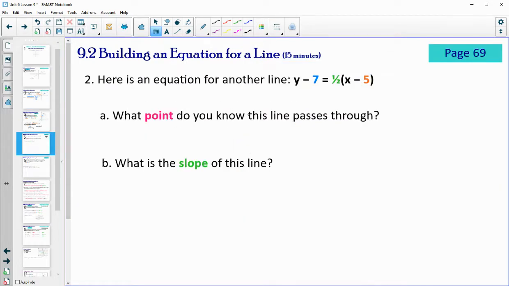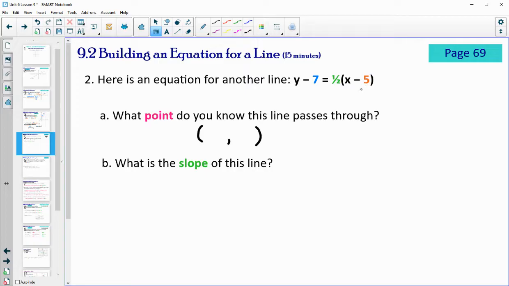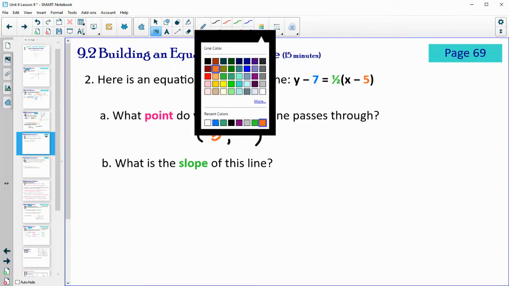So taking a look at this next equation, what point do we know is passing through this line? What point can we steal from this equation? The x value of this point that we plugged in was 5, and the y value that we plugged in was 7.